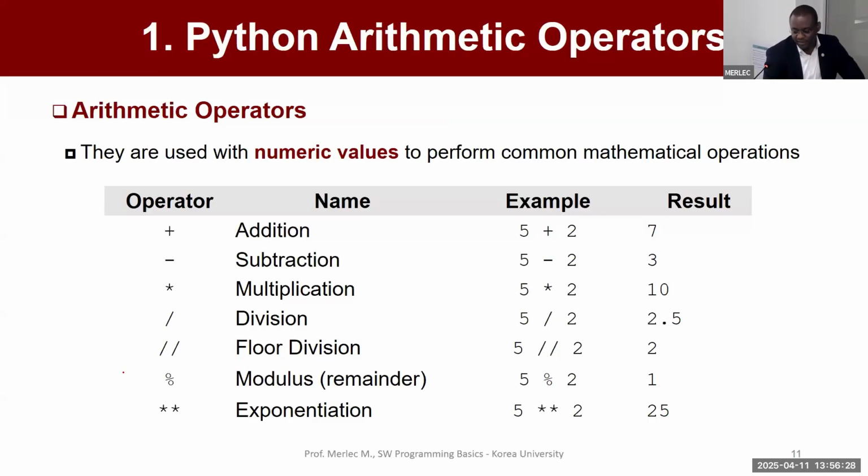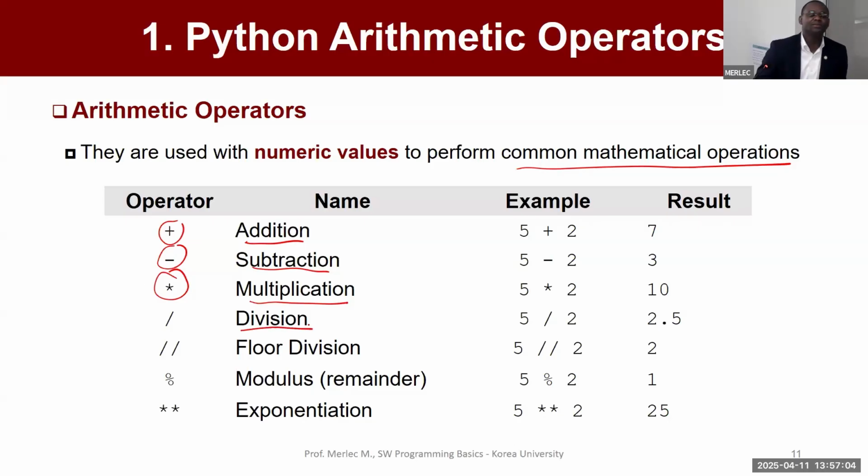Let's start with the arithmetic operators. They are the most used ones. These arithmetic operators are used with numbers to perform common mathematical operations. For addition, we use the plus sign. To do the subtraction, we use the minus sign. For the multiplication, we use the star sign.